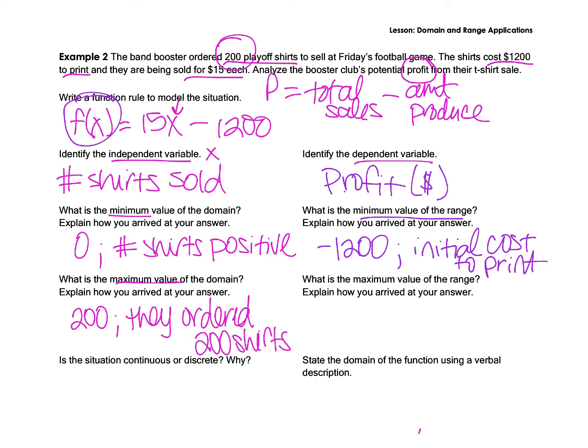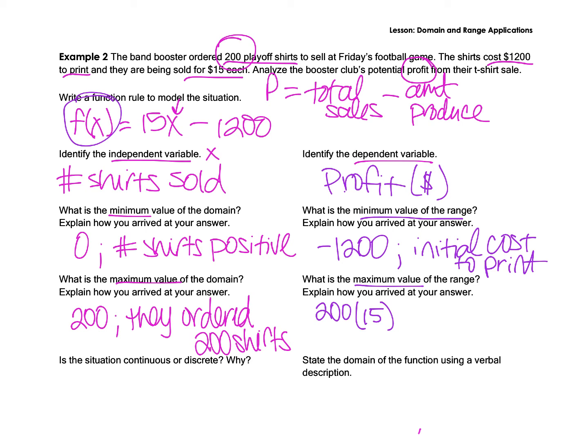And then we want to look at the maximum value of the range. So if they were to sell all 200 shirts, they're selling them at $15 each.